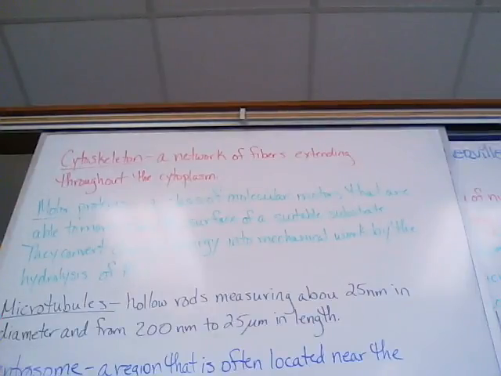The protein subunit is actin. The main functions of the microfilaments are maintenance of cell shape, tension-bearing elements, changes in cell shape, muscle contraction, cytoplasmic streaming, cell motility, as in pseudopodia, and cell division, cleavage furrow formation.